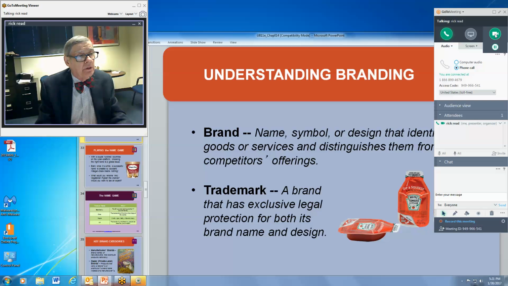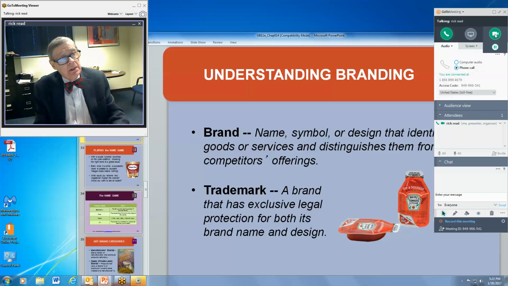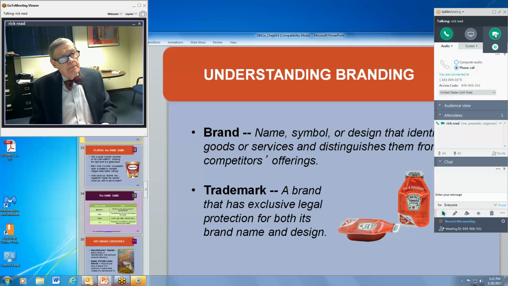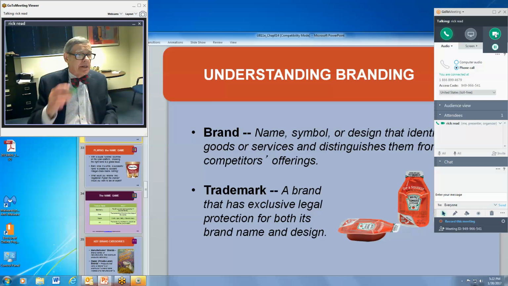Scotch tape is a brand of cellophane sticky tape, owned by a trademark that is owned by 3M, Minnesota Mining and Manufacturing. Many years ago, not as much today, people would ask for a Coke when they meant any kind of soft drink, usually a cola type. Many companies don't like that, although there's not much they can do about it when the consumer asks for that. But that's the object of a brand.